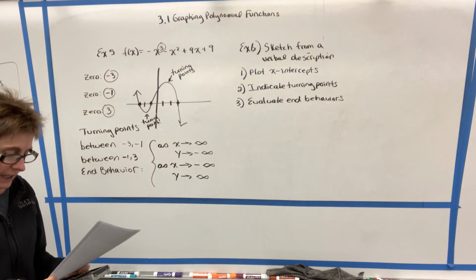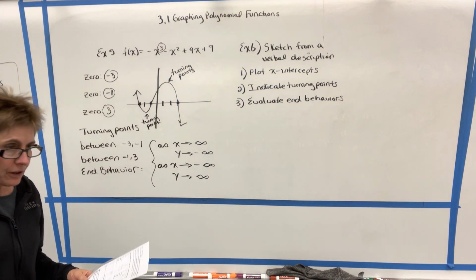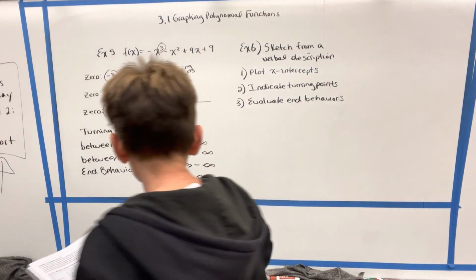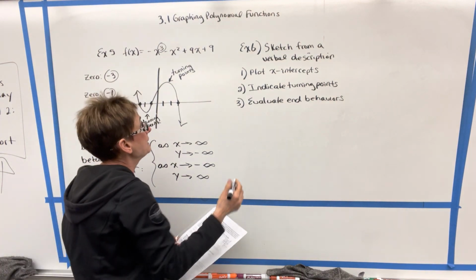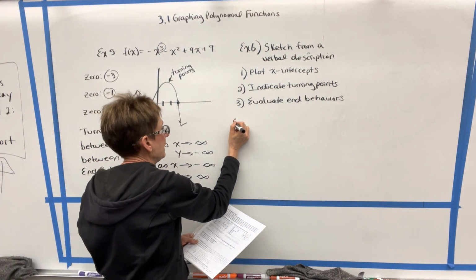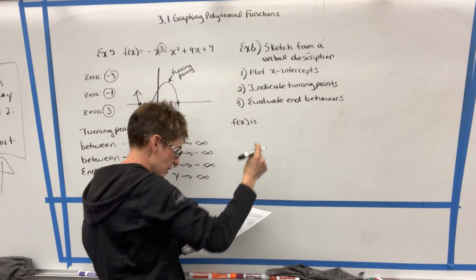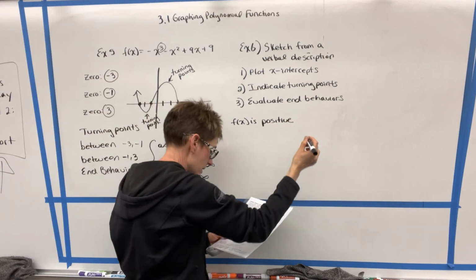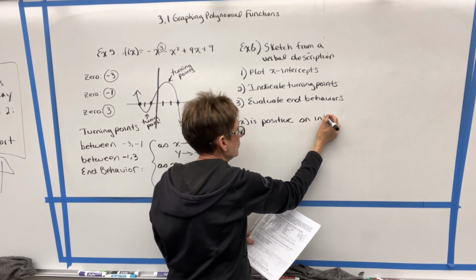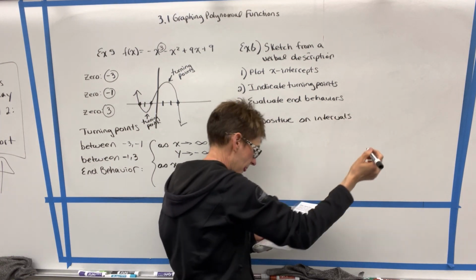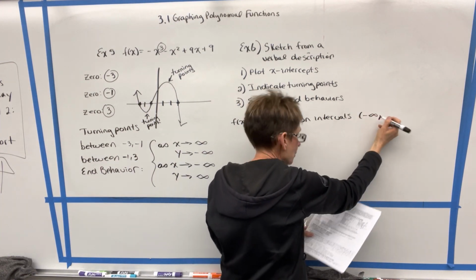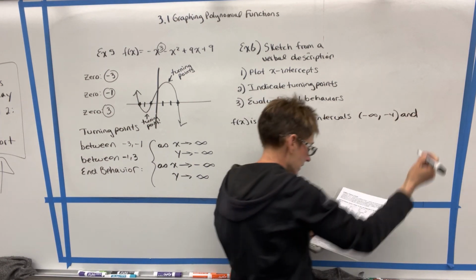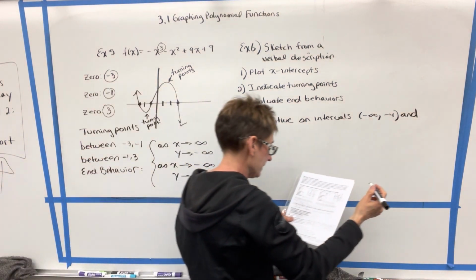So this example is kind of complicated. I do think we may have one test question like this. I'll have to double check, but there's not going to be a ton of them. In this example, we're going to say that f of x is positive on the intervals from negative infinity to -4 and from -1 to +4.